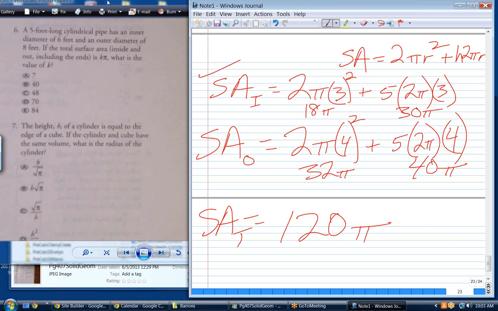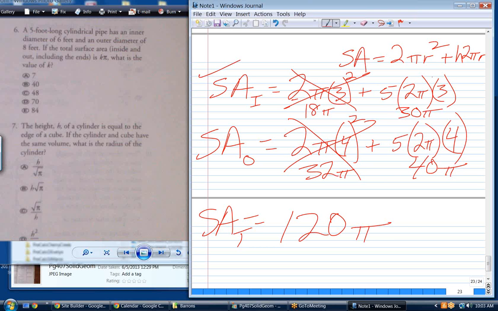But that's not what a pipe is. It's not closed on the end. So we don't have this part of it in either case. We've got something, but it's not the full area of the base.